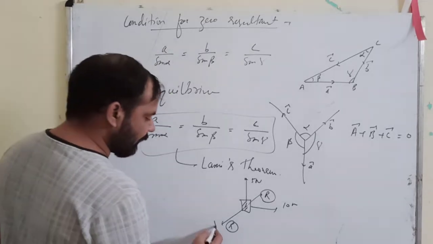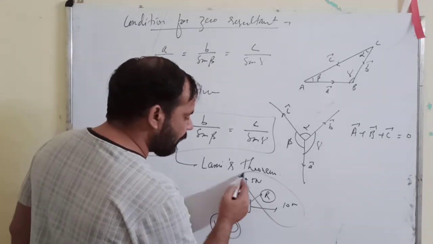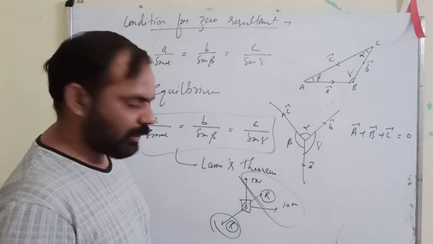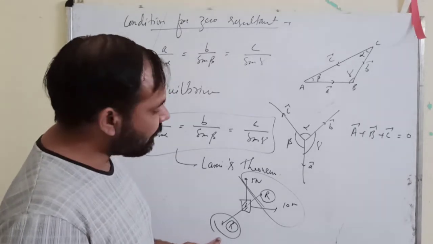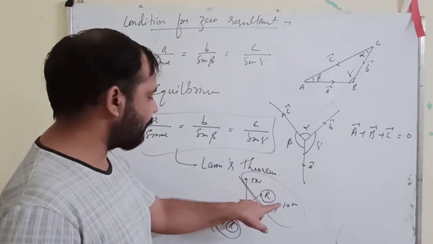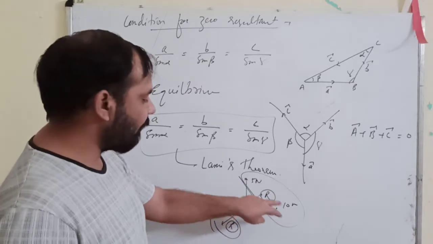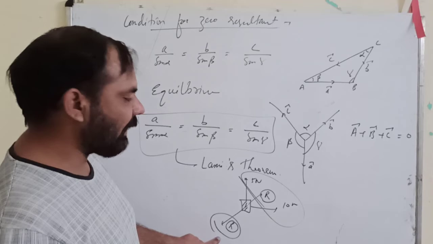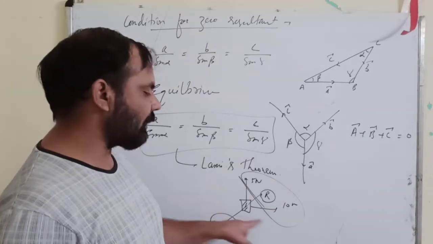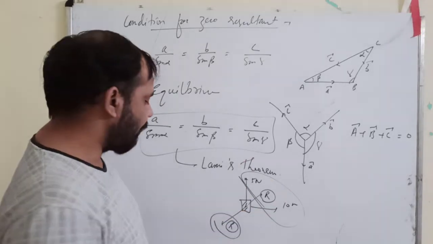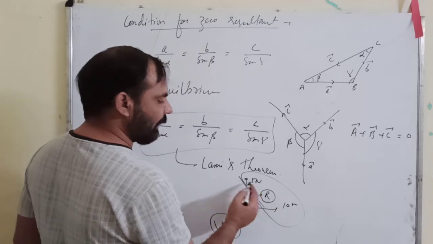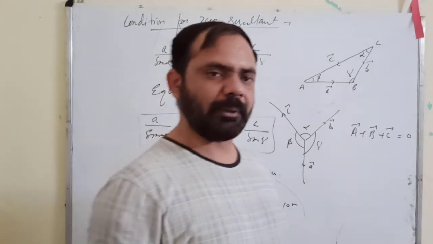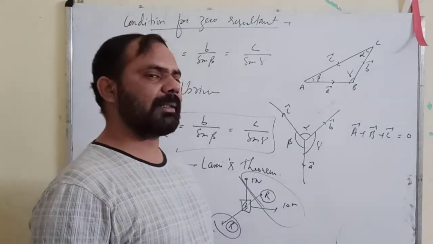So this force has balanced the effect of the two forces. Then this vector will be called the equilibriant vector of these two. The given vectors are these two, and their equilibriant vector is the vector which can bring the system into equilibrium. When this vector is added to these two vectors, your resultant will be zero. So this vector is called the equilibriant.